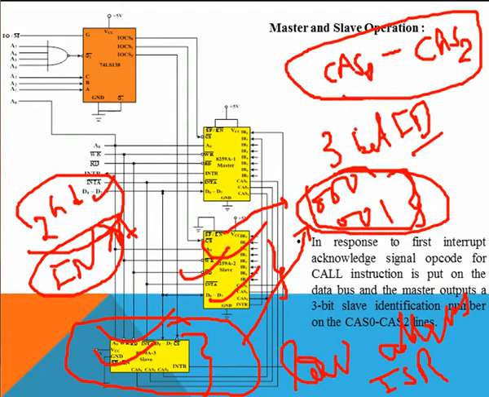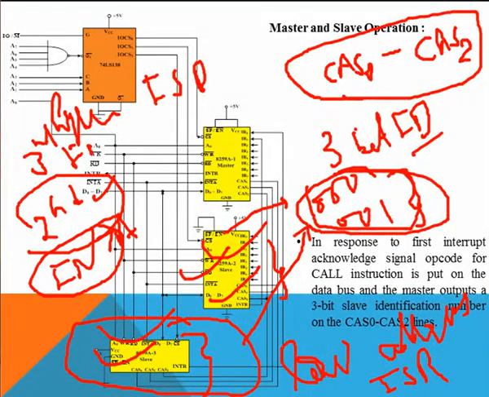Finally, the slave sends the higher byte of the ISR on the data bus on receiving the third INTA pulse.